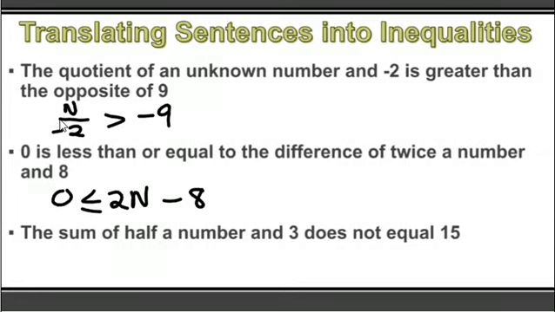And the last one, the sum, so addition, the sum of half a number. Or you could write, instead of half times n, n divided by 2. And 3 does not equal 15.